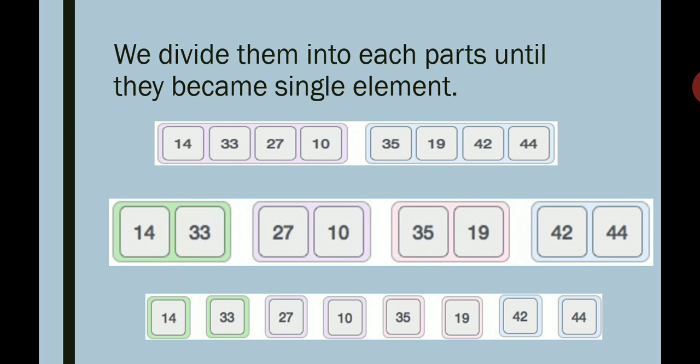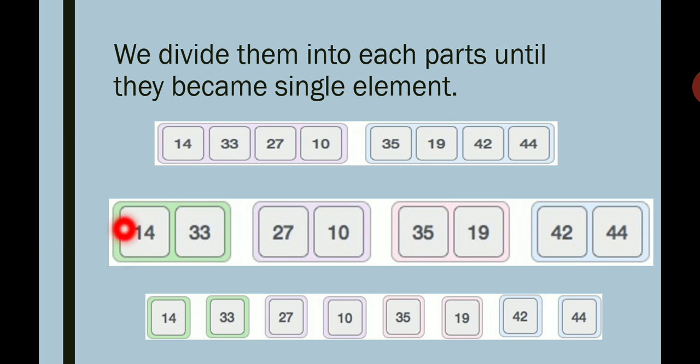Coming to our problem, we divide them into parts until they become a single element. First we divide them into 2 equal parts having 4 elements each. This is the first sublist and this is the second sublist. According to our divide and conquer strategy, again we divide them into further sublists.